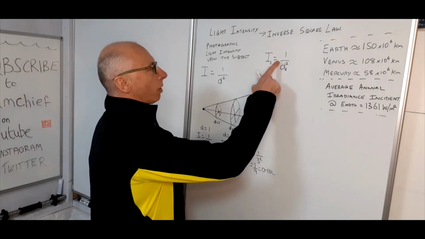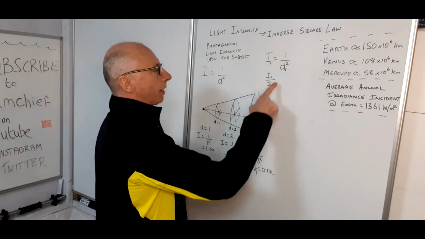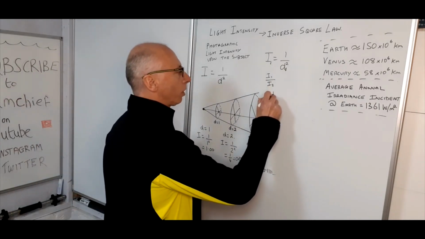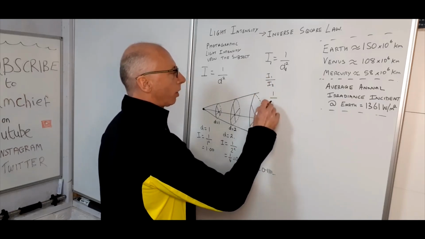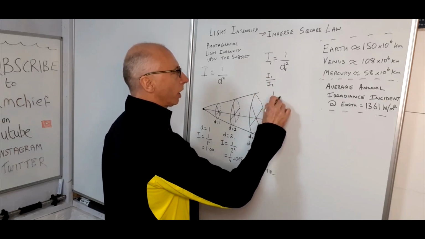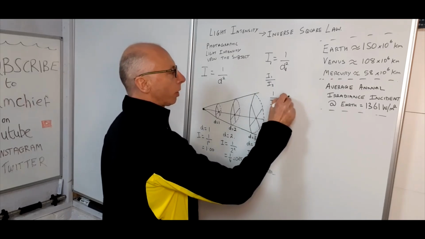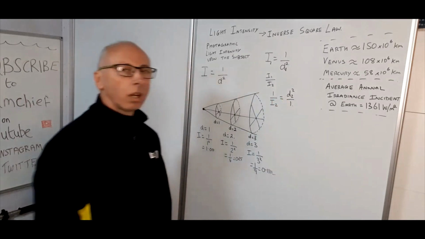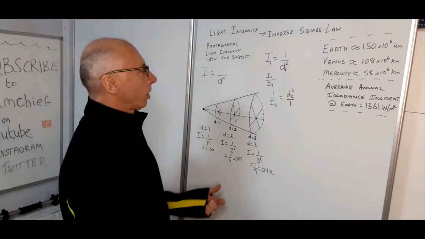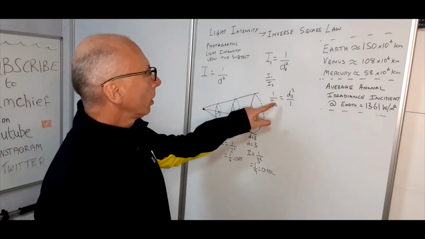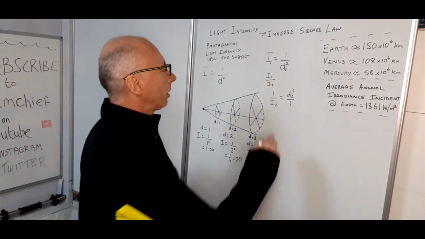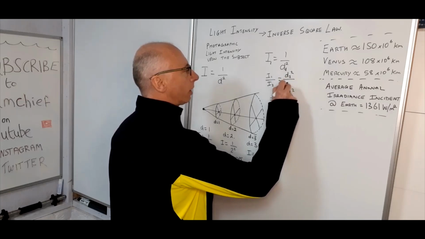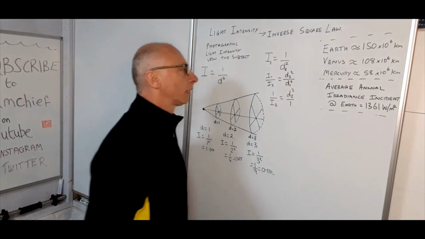Now I1 we know is 1 over D1 squared. Now what about the I2? So the I2 we know, we just ignore the I1, we go 1 over I2 is now the reciprocal of this one. So now that will be D2 squared over 1. So now I1 over I2, we can now just put these two together and that will be D2 squared over D1 squared.